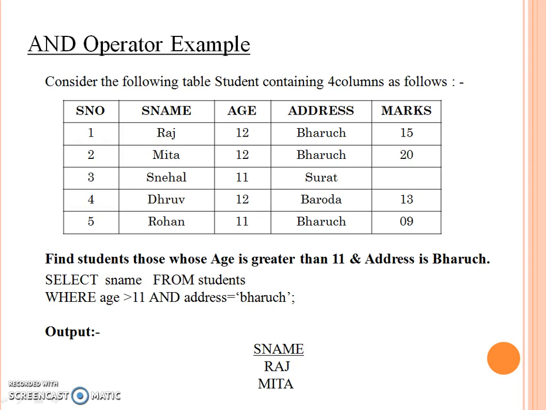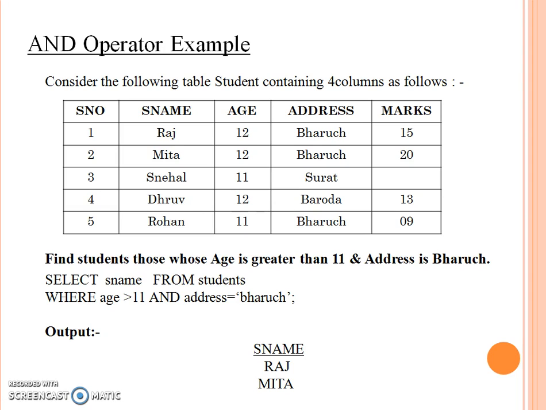Let us check one example based on the AND operator. Consider the student table containing five columns such as S number, S name, age, address and marks, with 5 values inserted into the table.